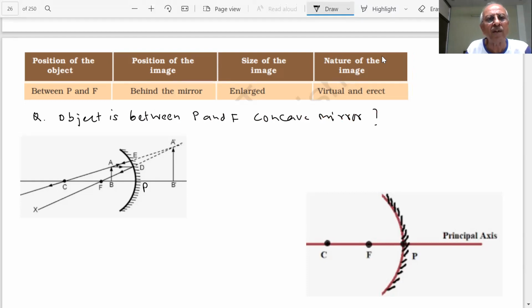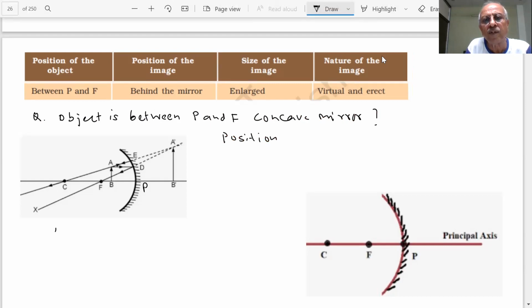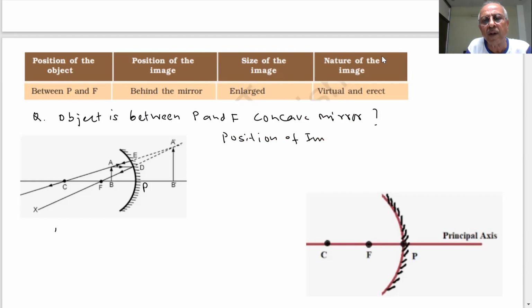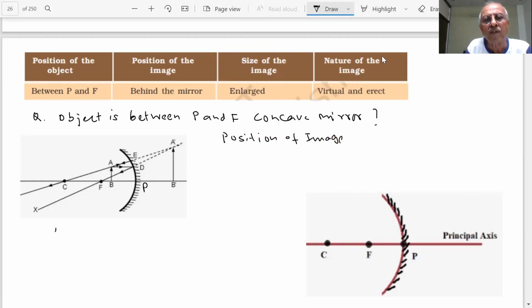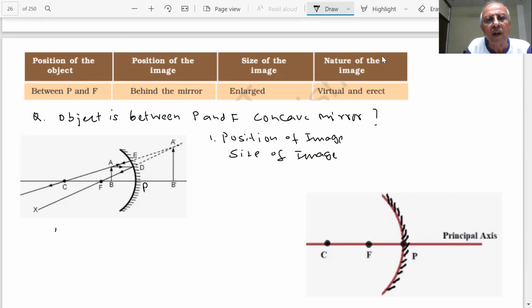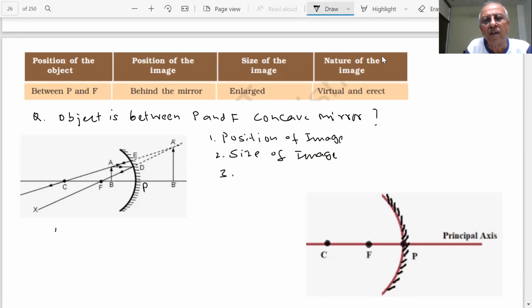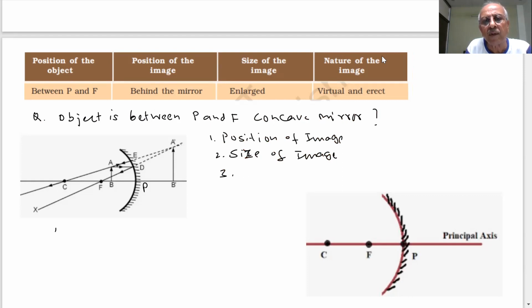then what is the question? What is the position of the image? Position of image, size of image, number 2 question. And third, we are asking the nature of the image.